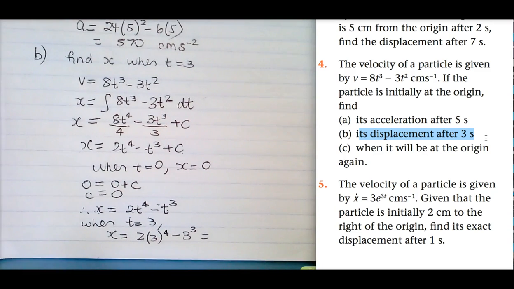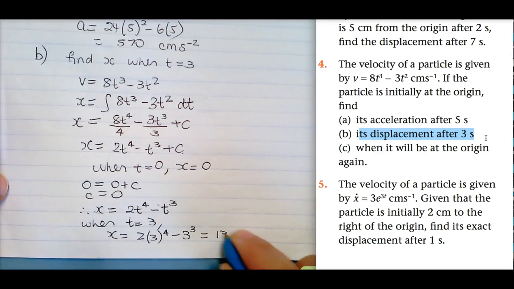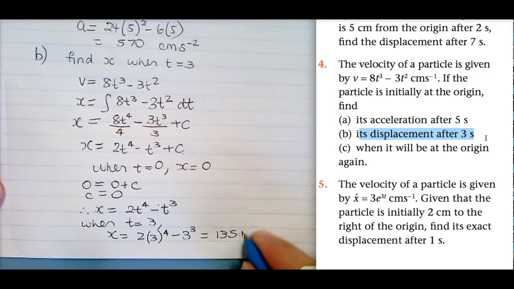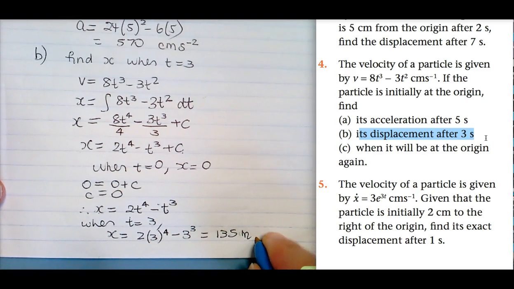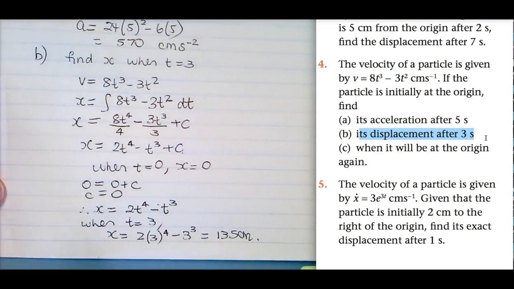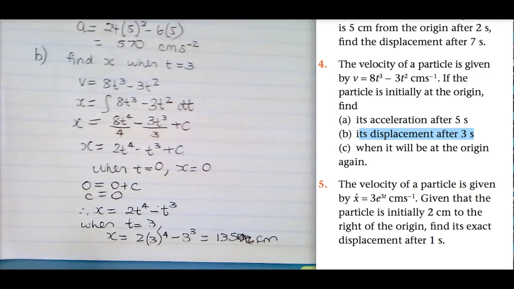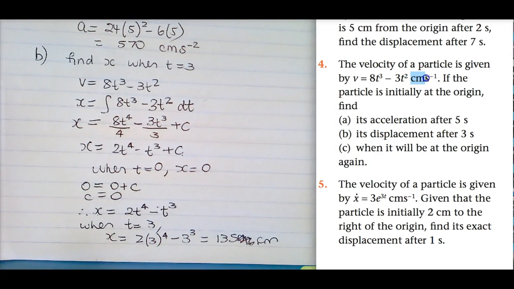What's 3 to the power of 4? 81. 2 times 81, 162 minus 27. Anyone? 135. Units, it's displacement. Centimetres. Thank you. 135, very important. Look at the question, it's centimetres. So it's 135 centimetres.